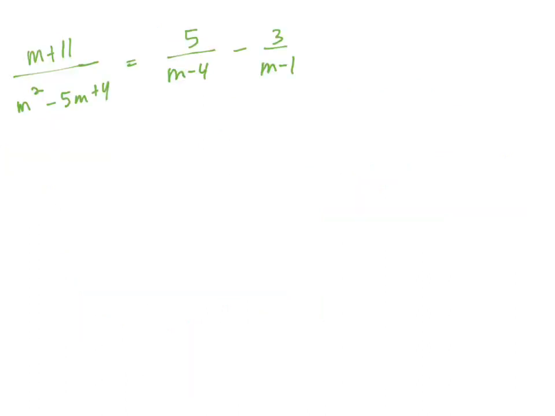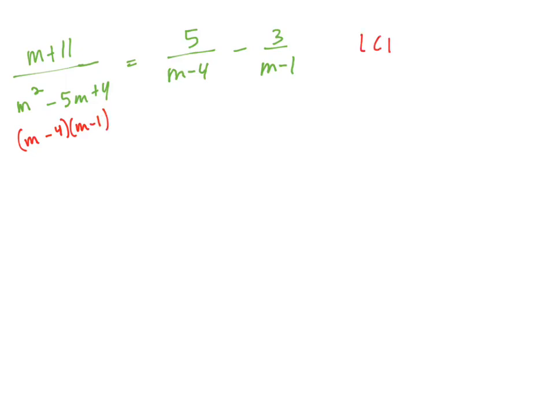Alright, the next example, we have m plus 11 over m squared minus 5m plus 4 is equal to 5 over m minus 4 minus 3 over m minus 1. So if we were to factor this denominator on the left, we're going to have m minus 4, m minus 1.